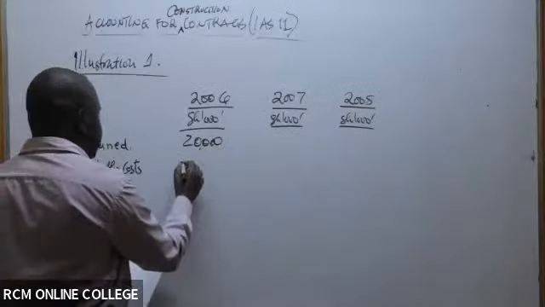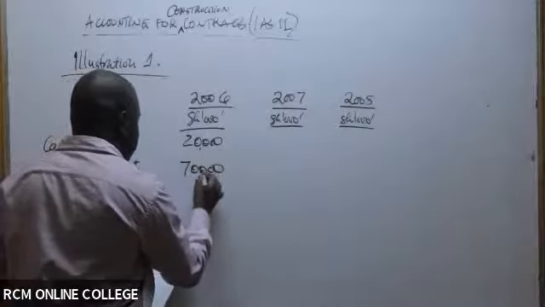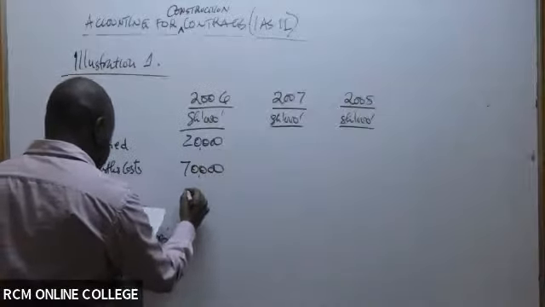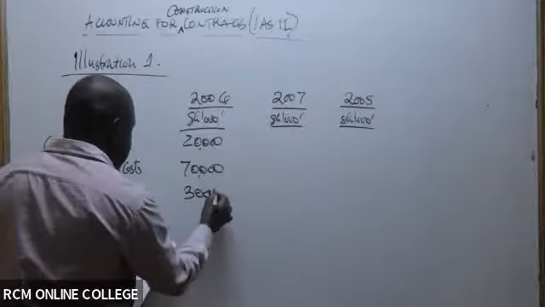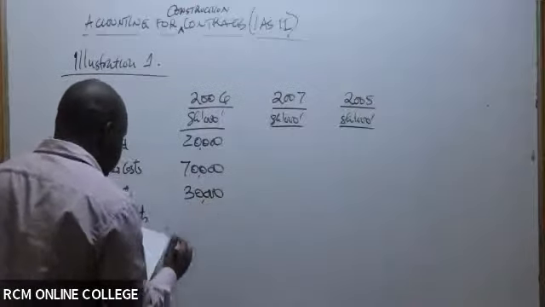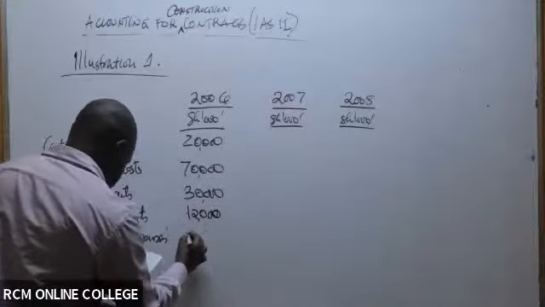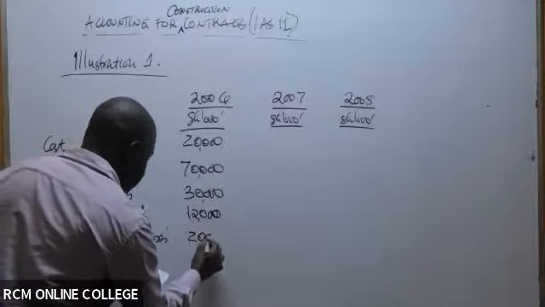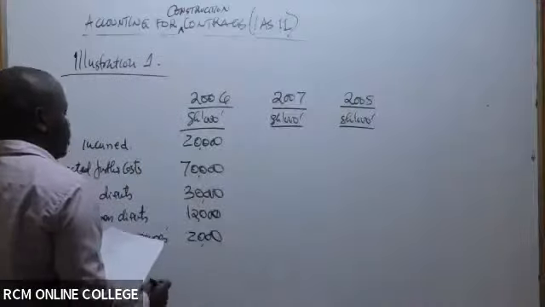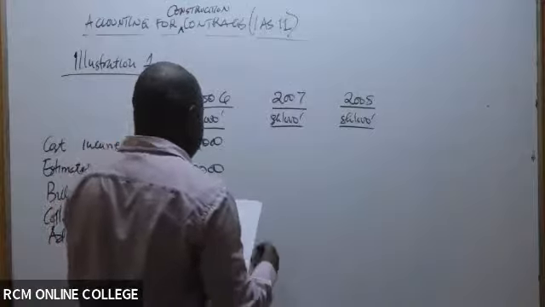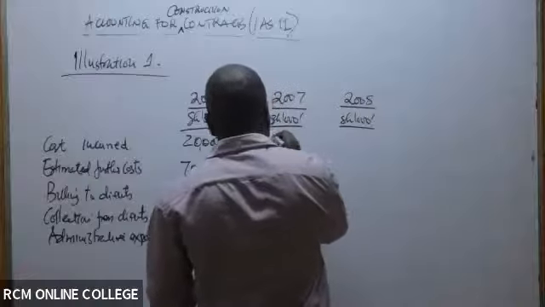For the cost incurred for the year 2006, this one is 20 million. This one is 70 million. This one is 30 million. This one is 12 million. This one is 2 million. Then on 2007, this one is 42 million.